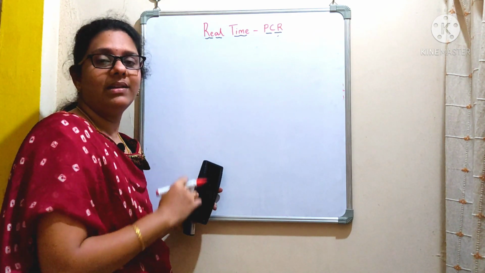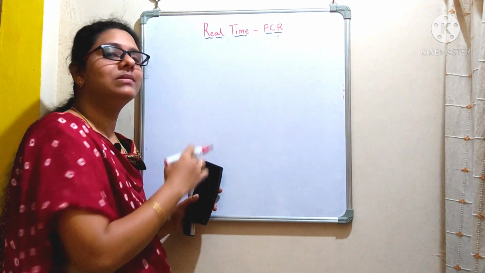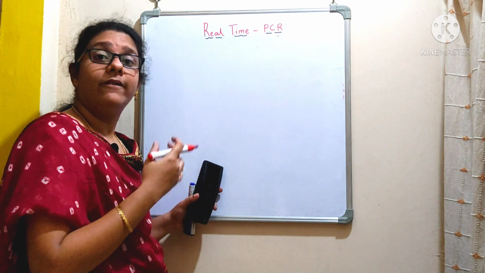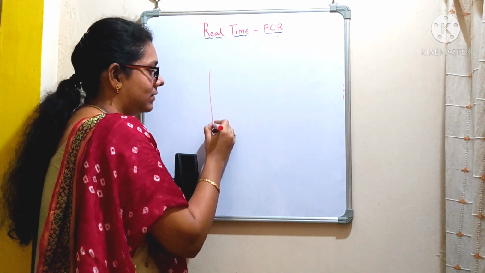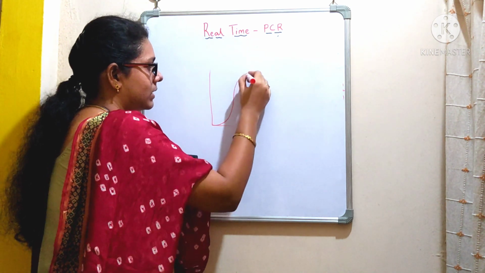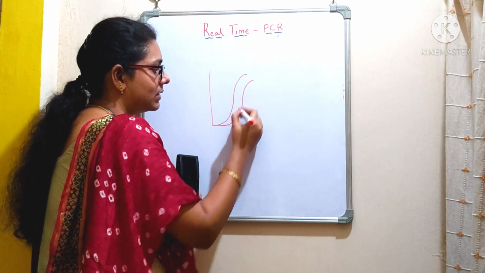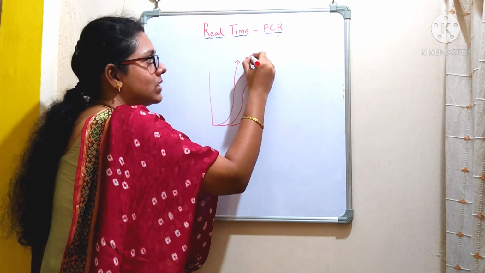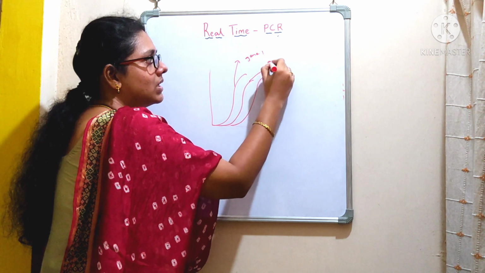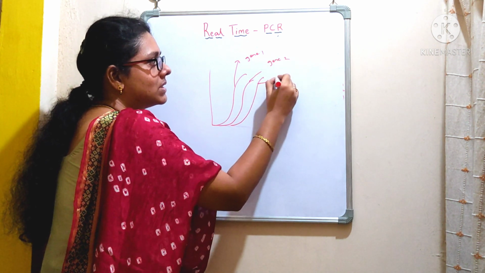If you want to study the gene expression, you can go with this method of real-time PCR, where multiple genes can be compared at a time. See, like this here. This is one curve, and this is another curve, and this is another curve. Say for example, this is gene 1, this is gene 2, and this is gene 3.